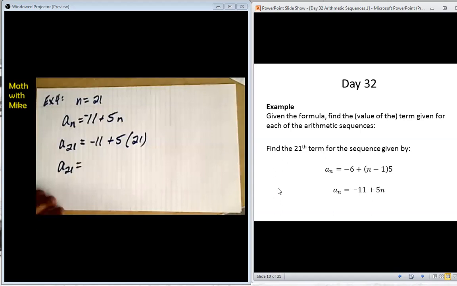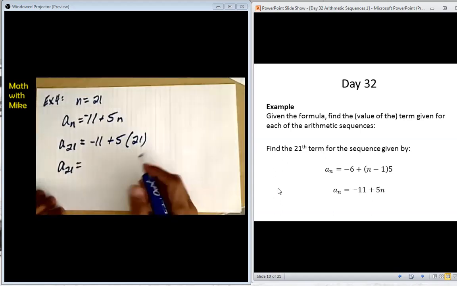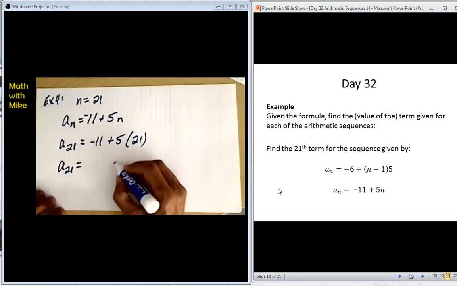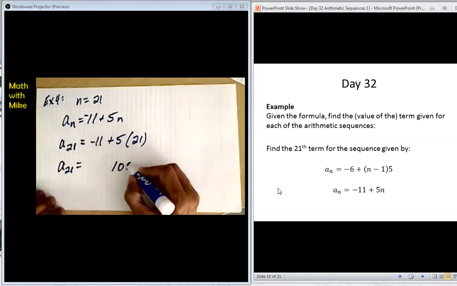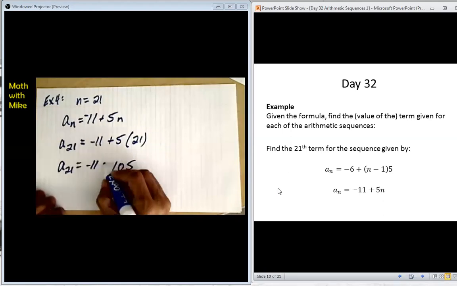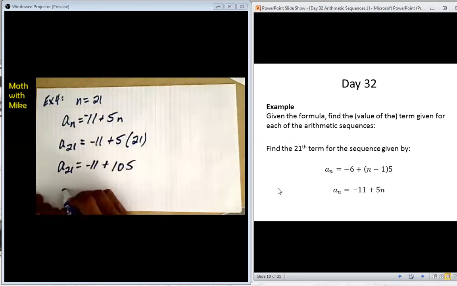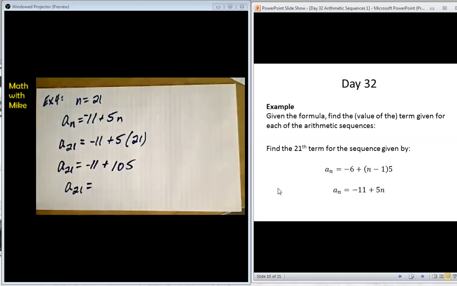105. 105, nice. That's for that part. Yep, Zoom got it. Minus 11 plus 105. Yeah, nice. Good. And so 2 steps again, right? 105 minus 11, so let's do 10 and 1. 105 minus 10.